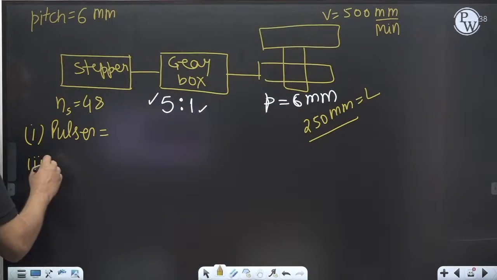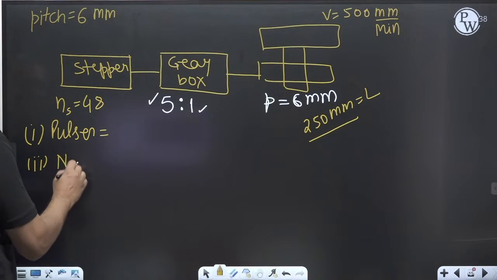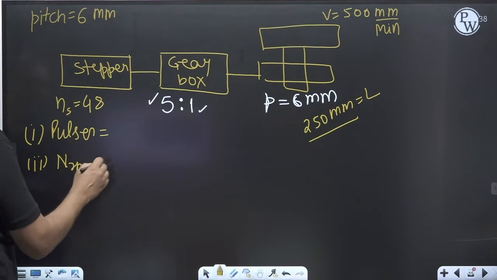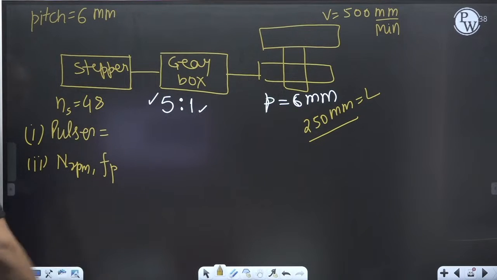So we have to find out the RPM of the stepper and the frequency of pulses to move the 250 millimeter distance. Okay.